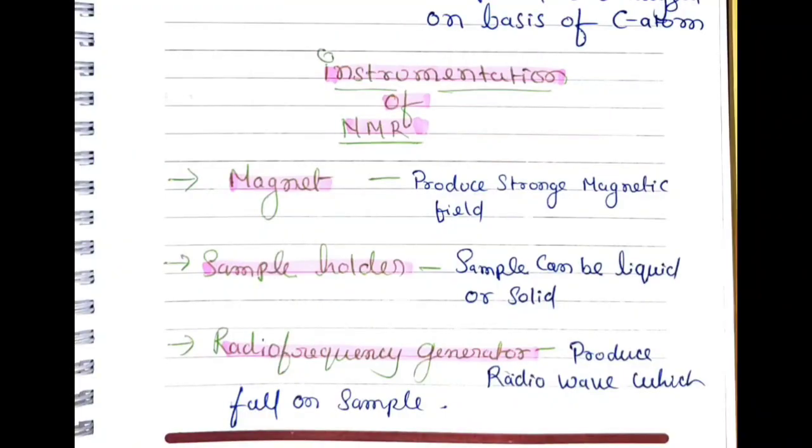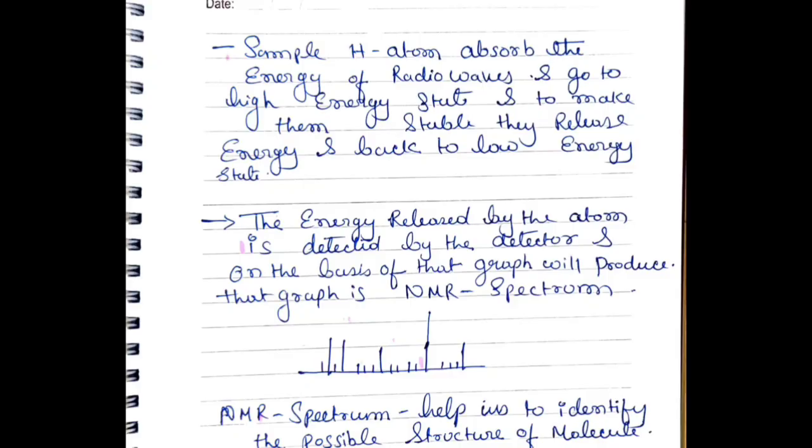The radio frequency generator is used to produce radio waves which fall on the sample. The radio waves generated by the generator pass through the sample, and the atoms present in the sample absorb these radio waves and go to a higher energy state.